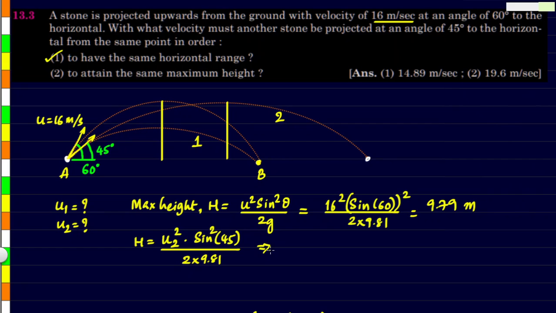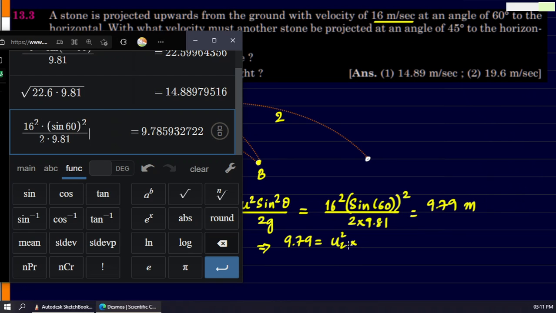This implies that the height is 9.79. Let's substitute this, that is equal to u2 square, which is unknown, times this expression.